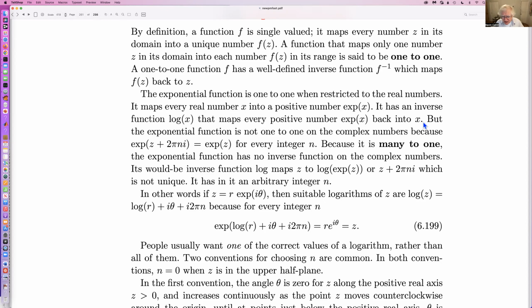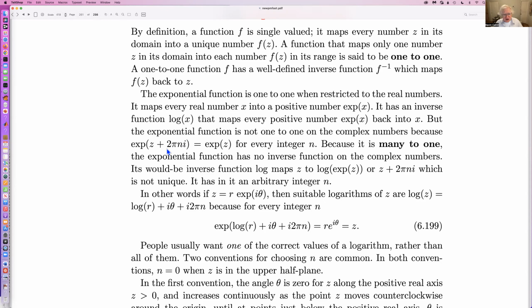On the other hand, for complex numbers, it's not the case, because e to the z plus 2 pi n i is the same thing as e to the z, because e to the 2 pi n i is just n times going around the circle and going from 1 back to 1 n times.